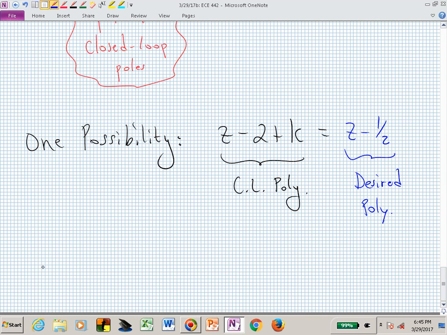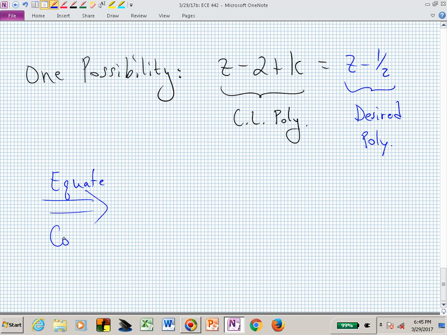If we equate the coefficients on the left-hand side and the right-hand side, I hope you can see that if we compared the constant coefficients, the z to the 0 coefficients, we have minus 2 plus k equaling minus 1/2. Or k is equal to minus 1/2 plus 2, or 3/2.